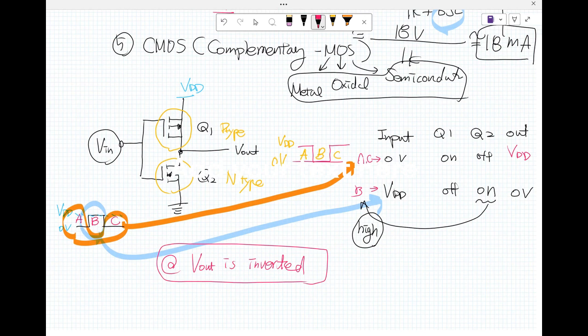So for this case, Q sub 2 is shorted and pulls the output voltage down to the ground, right?